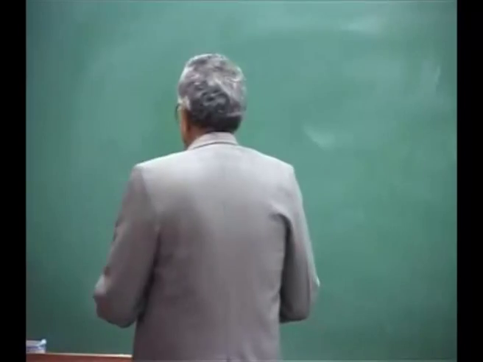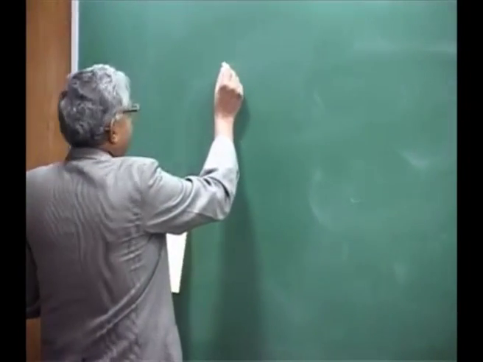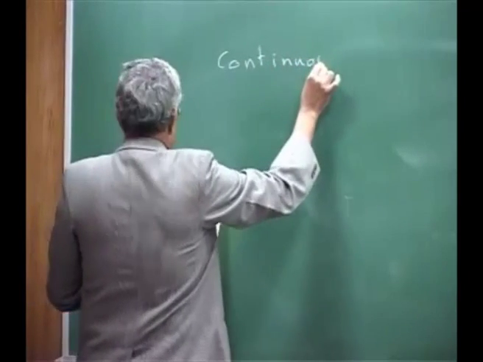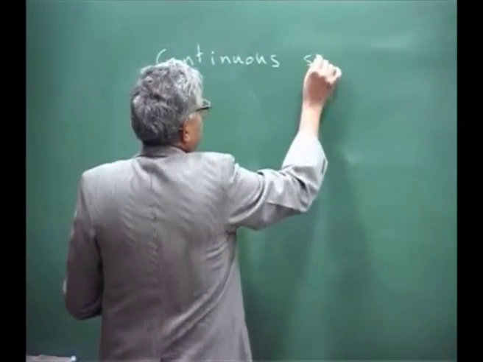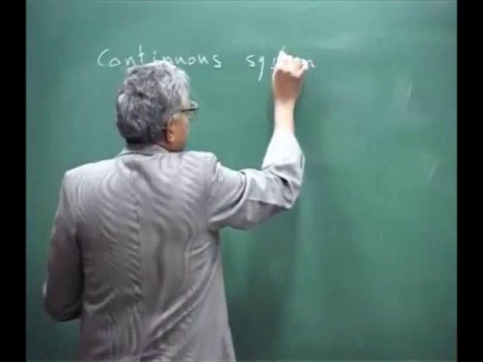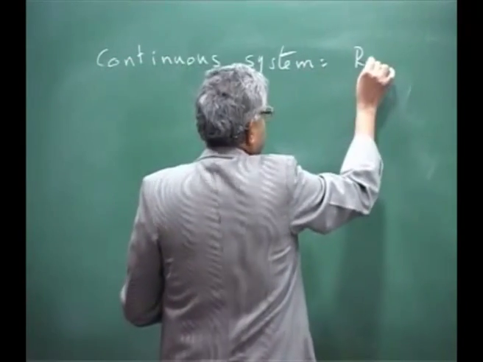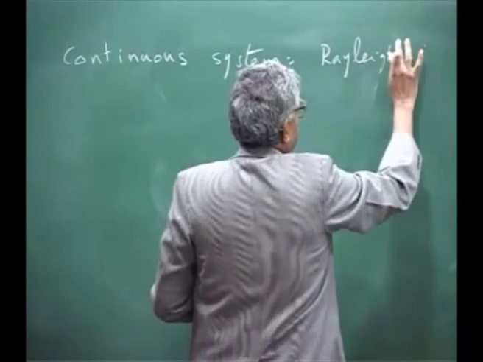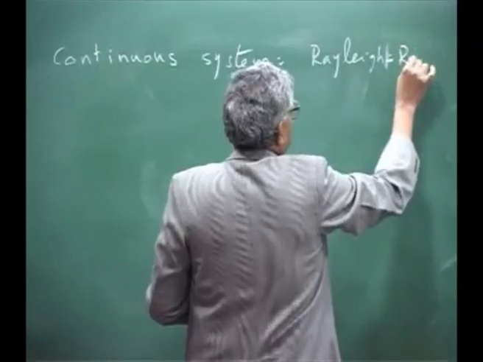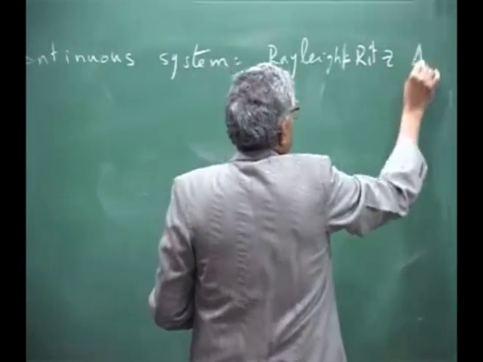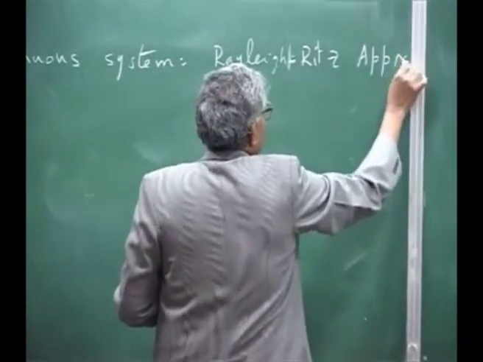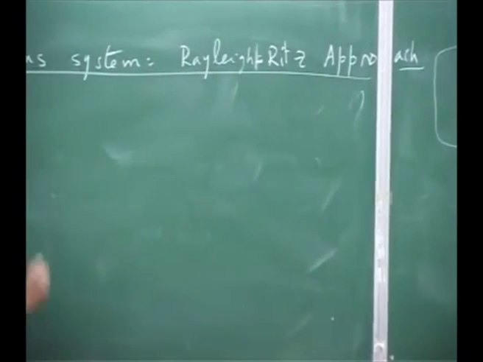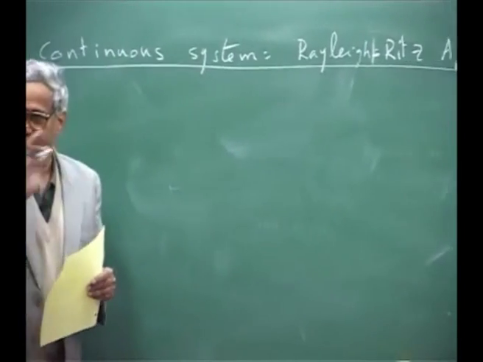What we will do is, we will apply it to a continuous system. In this case, this is a Rayleigh-Ritz approach. Principle of virtual work applied to a continuous system.